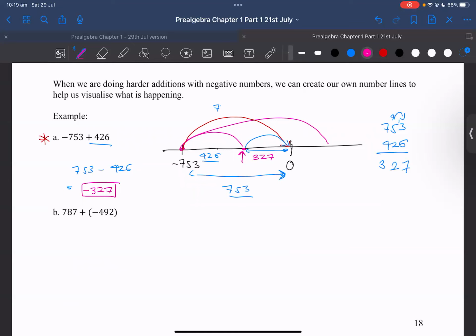Positive what? If it's exactly 380, the distance is the value. It's positive 380. So if a number is 327 to the right of 0, the number is positive 327. If it's 327 to the left of 0, what's that value now?